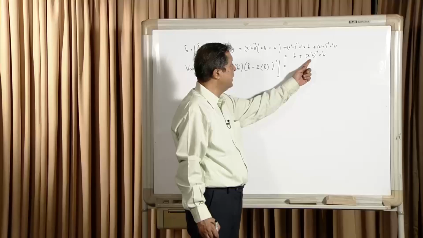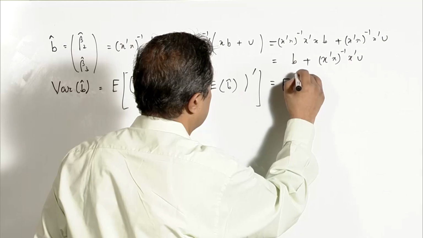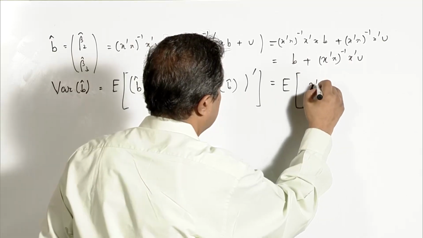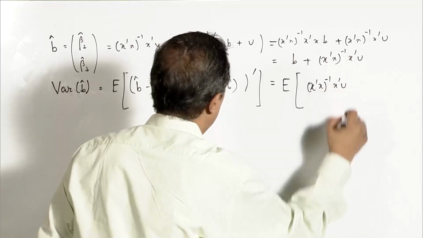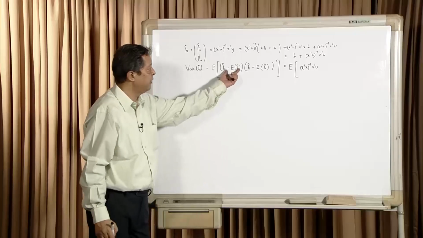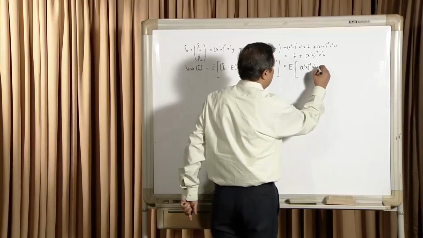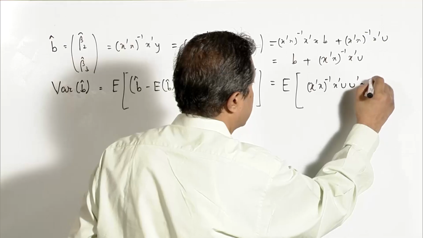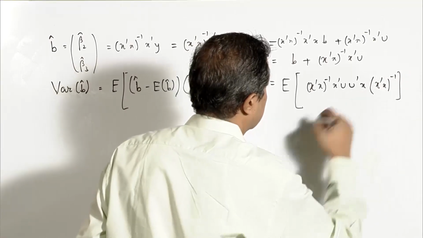So, the difference is x prime x inverse x prime u. That is the first term. The second term is simply the transpose of the first term, that means it is u prime x and then x prime x inverse.